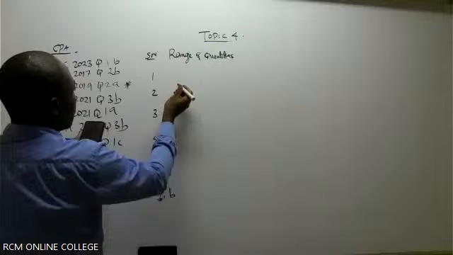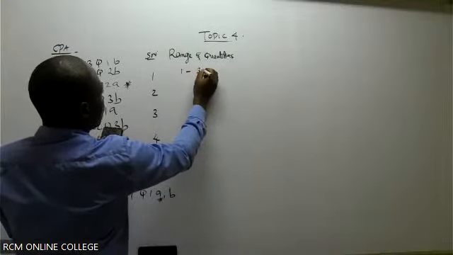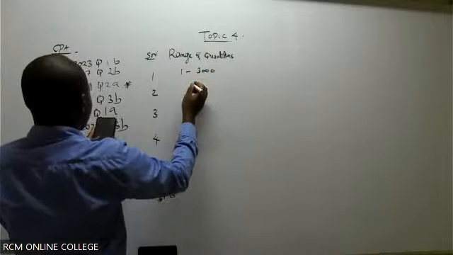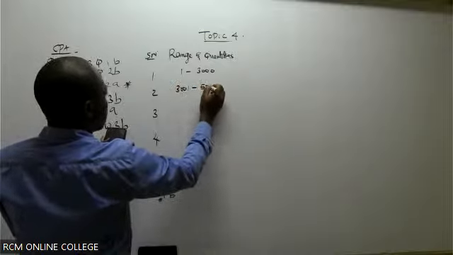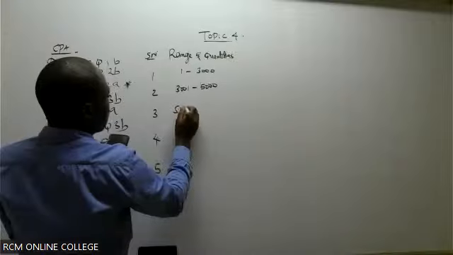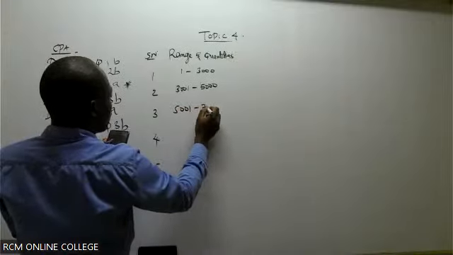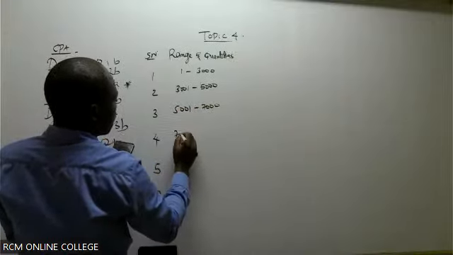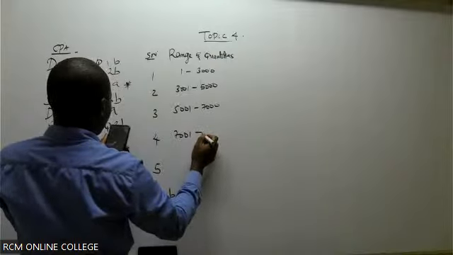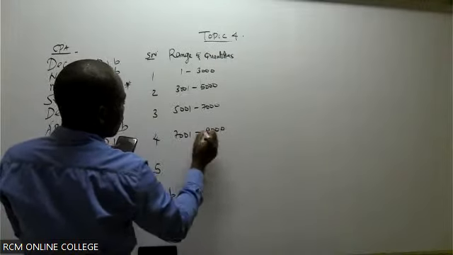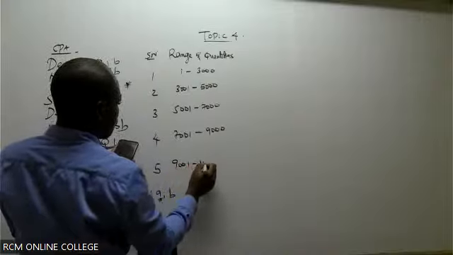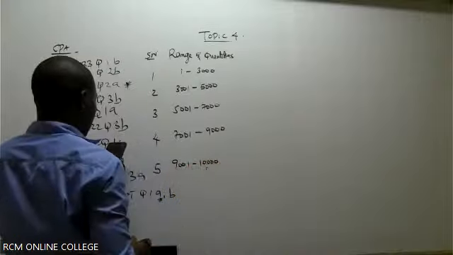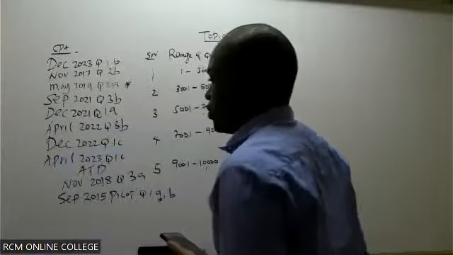Then we have 1 to 3,000, 3,001 to 5,000, 5,001 to 7,000, 7,001 to 9,000, and 9,001 to 10,000. That is what we have.